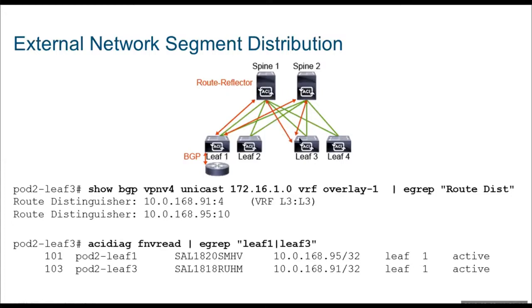And then, of course, leaf 3 receives it. So the only way you can verify the route distinguisher is basically the command here, the VPN v4.